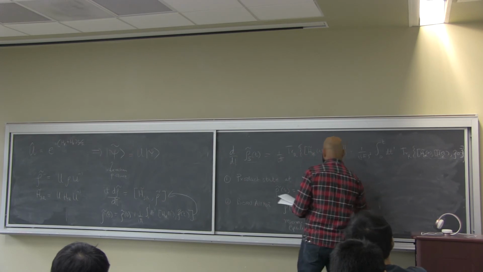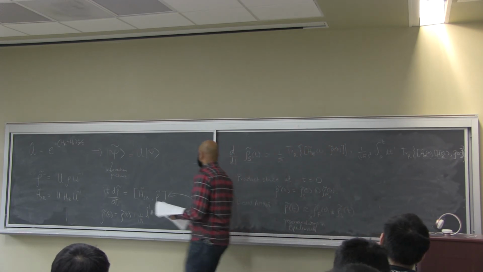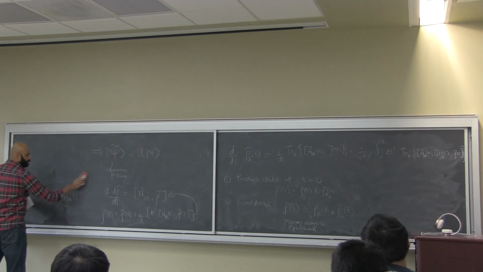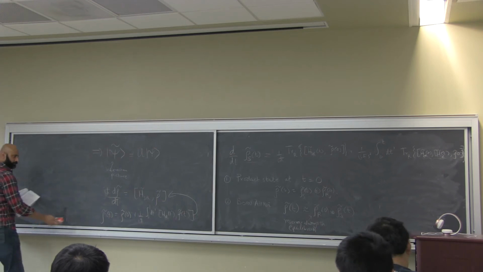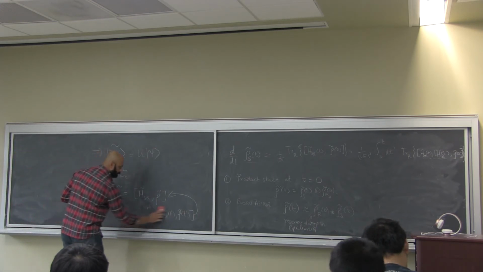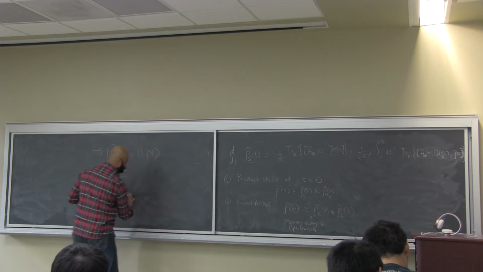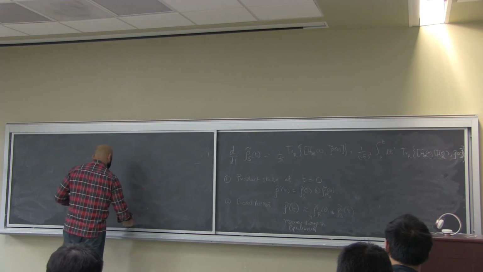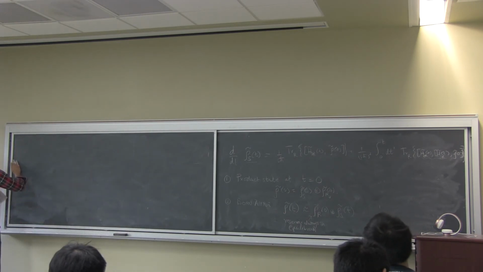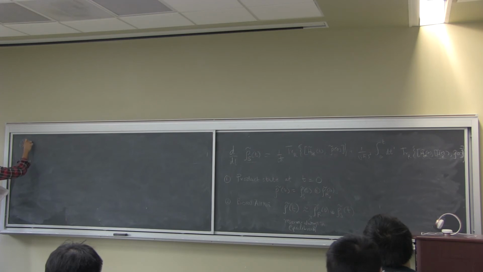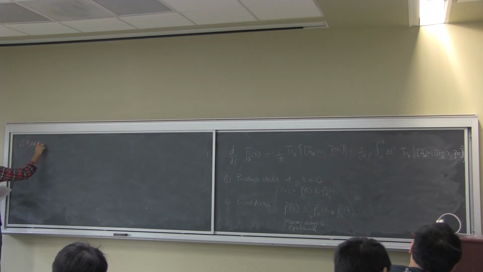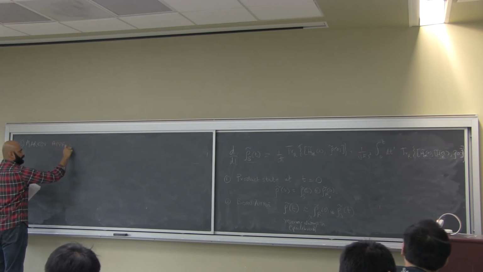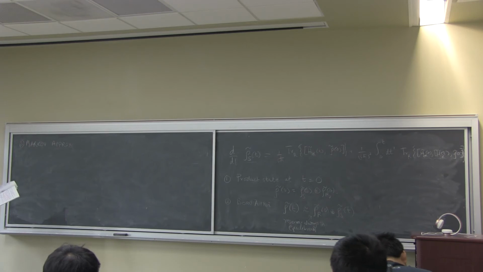The next approximation that we make is called the Markov Approximation. I've already explained it to you, which is that we are assuming that the reservoir correlation times are very short. So these are the big approximations that we make when we obtain the master equation for the system, and in fact it is carried out in the so-called Born-Markov Approximation.